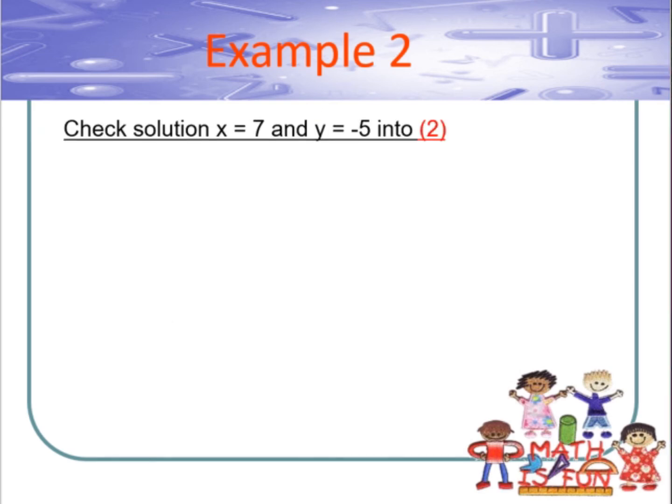We will now check if our solution x is equal to 7 and y is equal to negative 5 is correct by using equation 2. Sa equation 2, meron tayong 4x plus 5y is equal to 3. Papalitan natin ngayon yung x ng 7 at yung y ng negative 5.